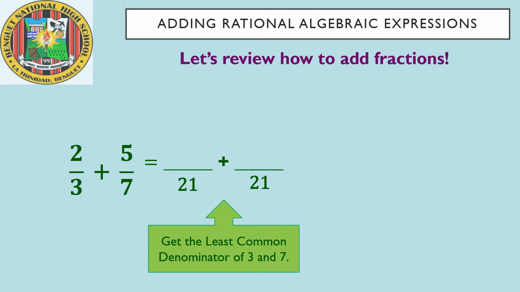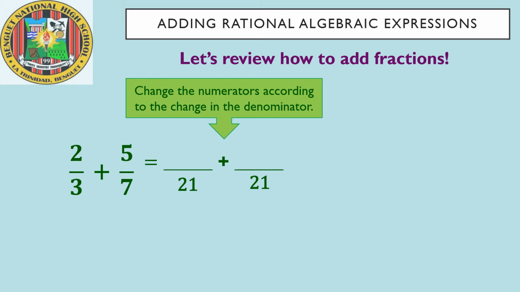Looking at the first fraction, we notice that 3 can become 21 by multiplying 3 by 7. This means we should also multiply the numerator 2 by 7. In the second fraction, we also notice that we can turn 7 into 21 by multiplying 7 by 3. So this means we should also multiply 3 to the numerator 5.